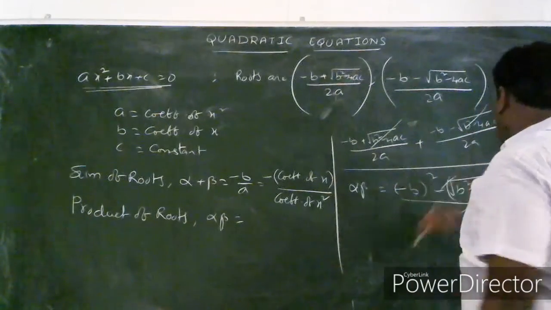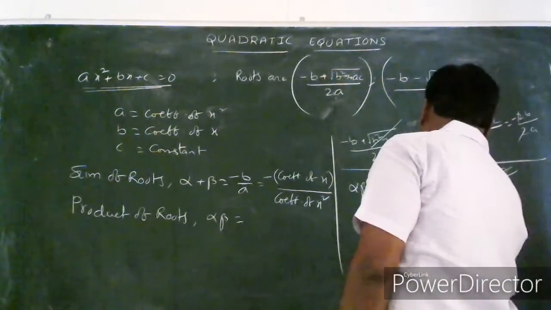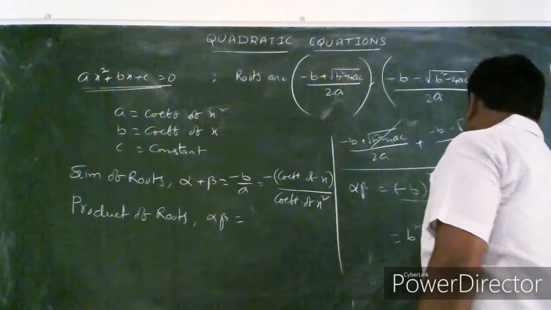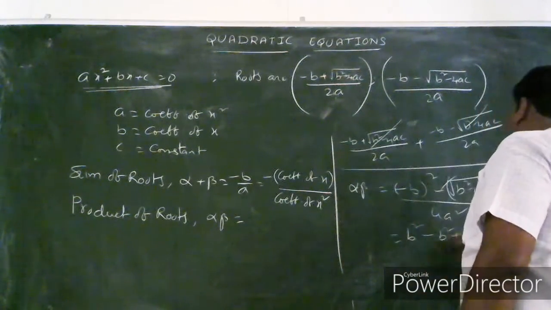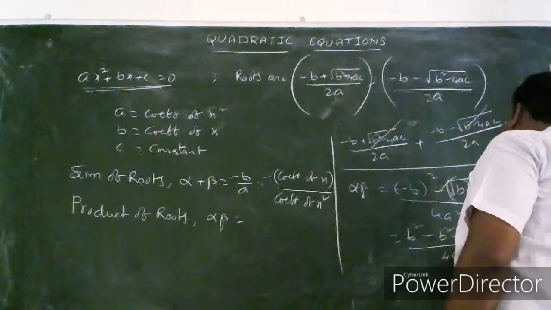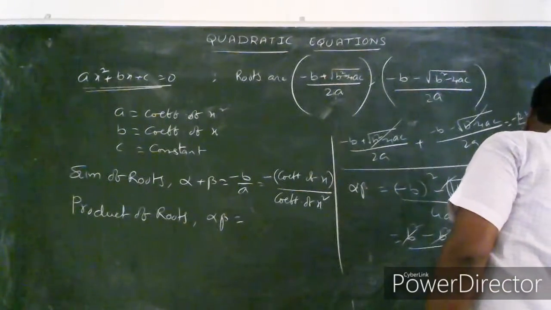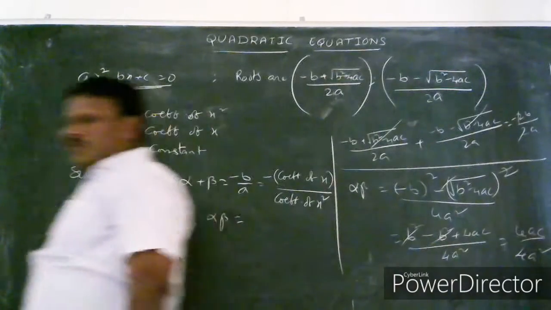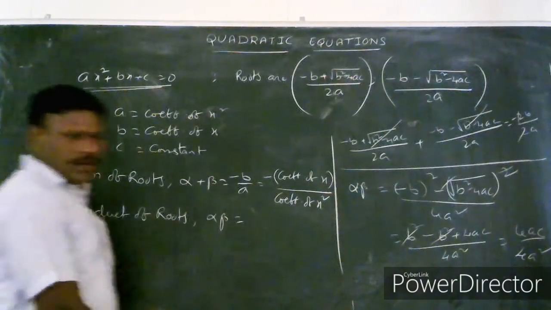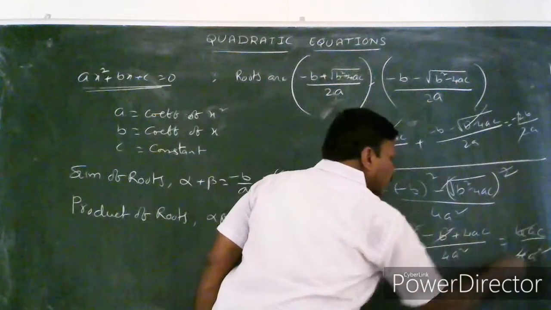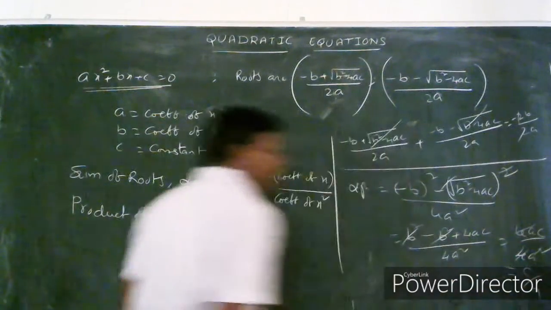So square and root cancel. Now we get b square minus b square plus 4ac by 4a square. These two cancel. 4ac by 4a square. Now 4a and a square cancel. C by a.